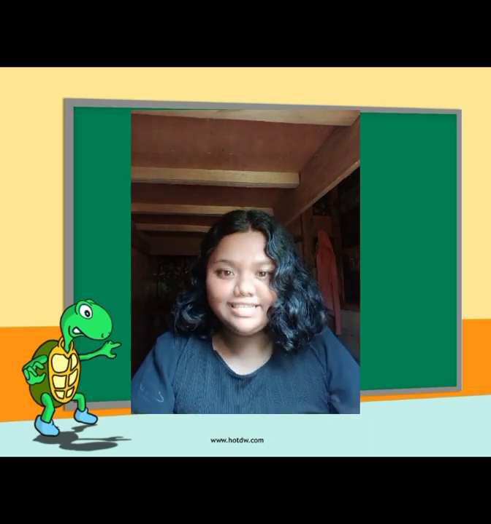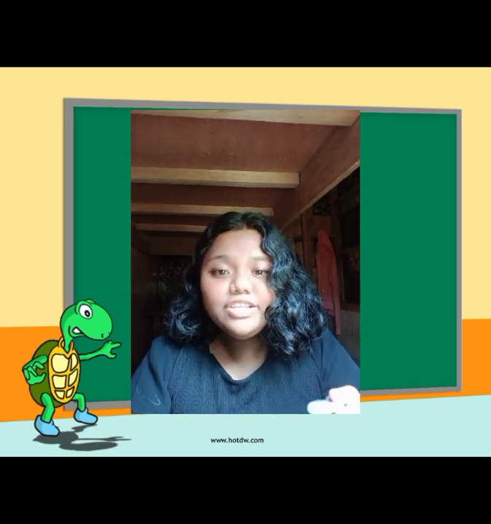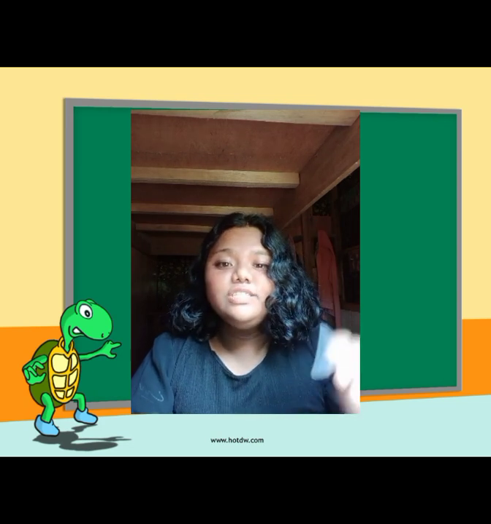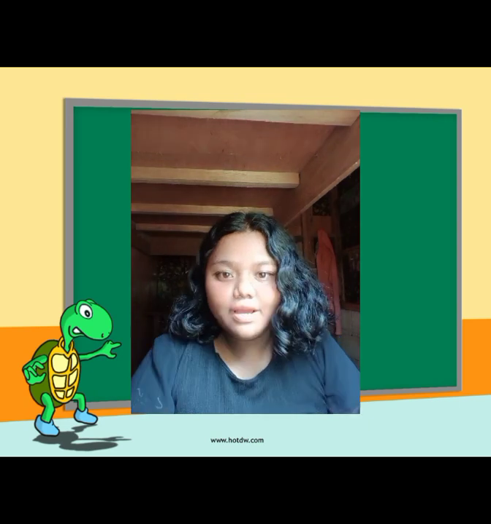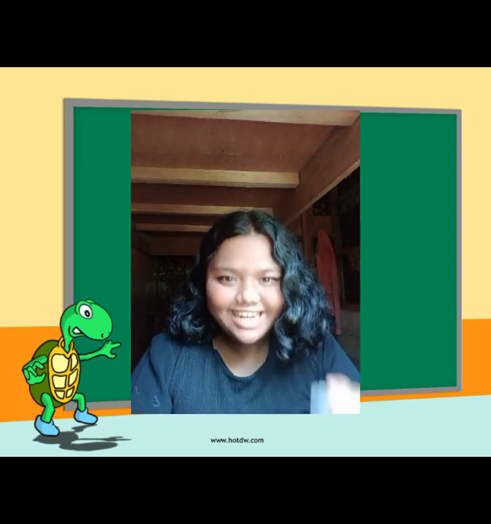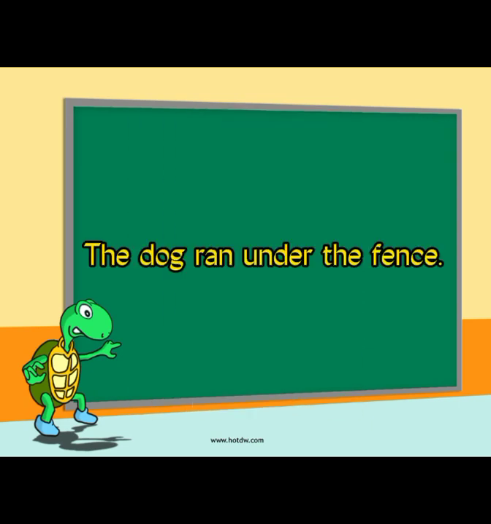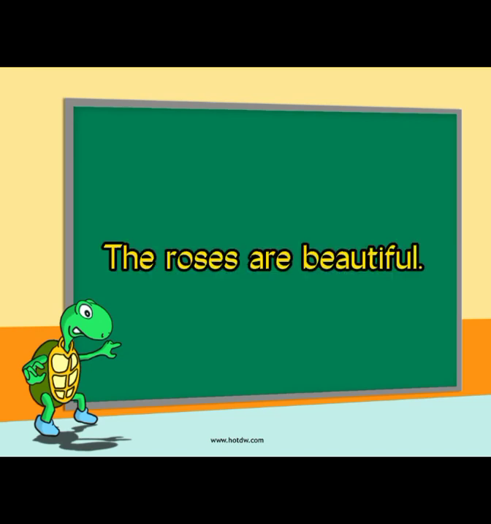A full sentence is considered as one that is complete and declarative. Here are examples: The dog ran under the fence. The roses are beautiful.